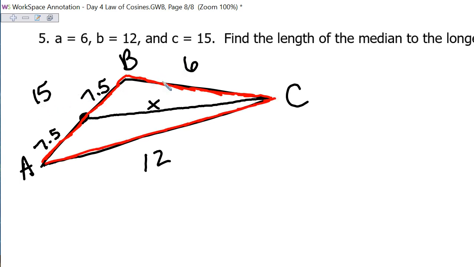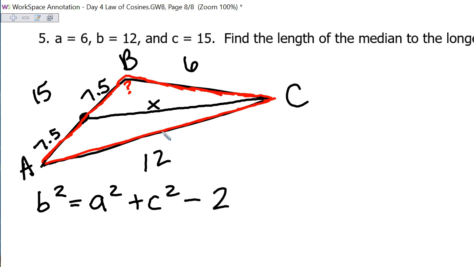And looking at that big triangle, I want to know, what is angle B? So if I want to know angle B, do I use the formula with a squared, b squared, or c squared? B squared. So this would be b squared equals a squared plus c squared minus 2ac cosine of angle B. What do I put for B?